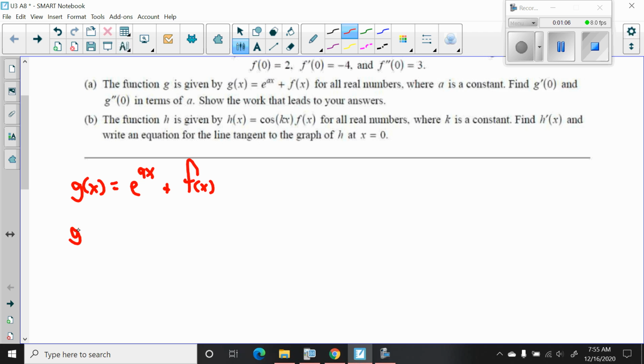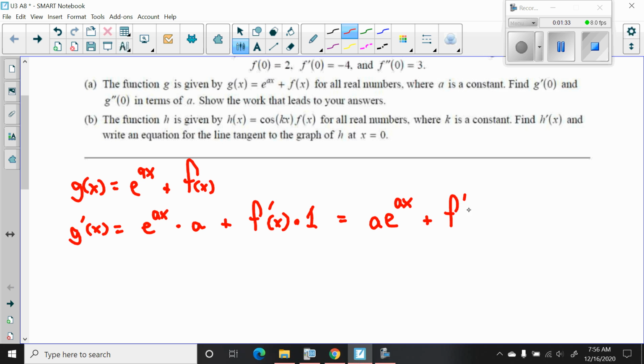So the first derivative would be e to the ax times the derivative of ax, which would be a, since a is a constant, plus the derivative of f of x, which is f prime of x. And if I were going by the chain rule, then I would say times 1. All right, if we clean this up, it would be a times e to the ax power plus f prime of x.